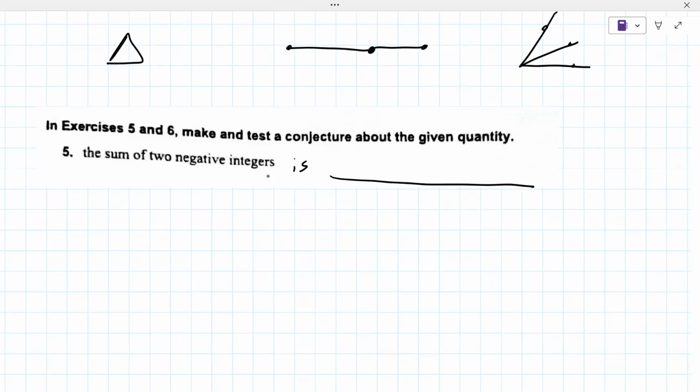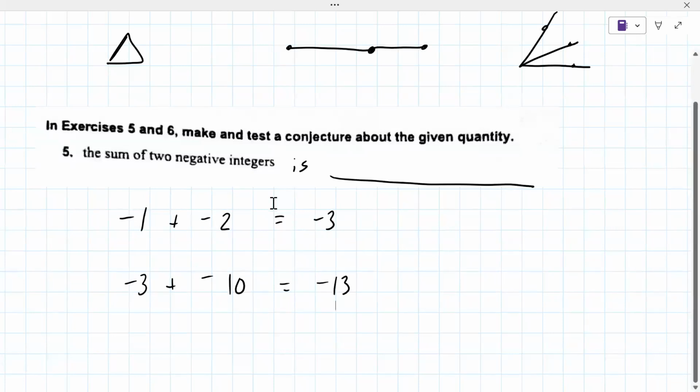To answer this, and this is where it's kind of odd because it's not like your other math courses, you almost want to just try some numbers, like -1 plus -2. What does that add up to? -3. All right, -3 plus -10 is -13.